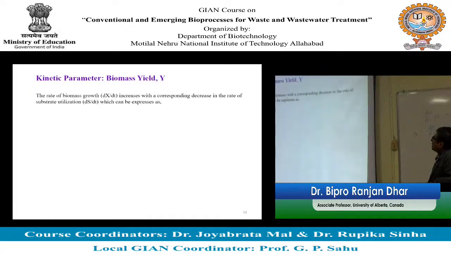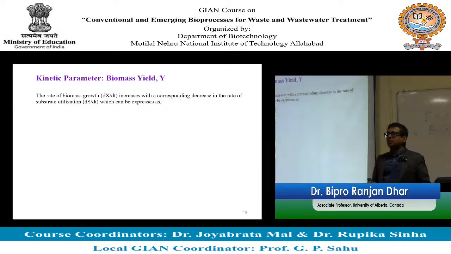The second kinetic parameter is yield. What is yield? Microbes are going to utilize the organics and produce new cells.